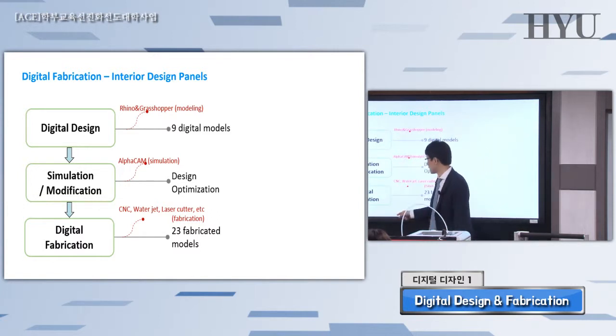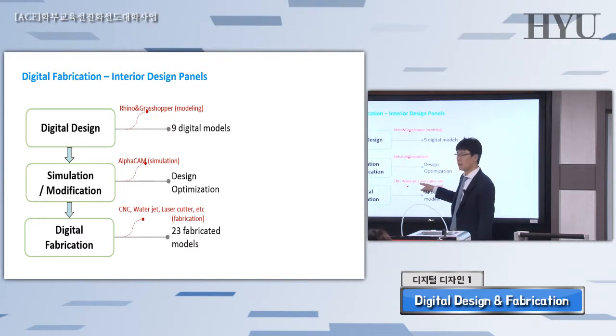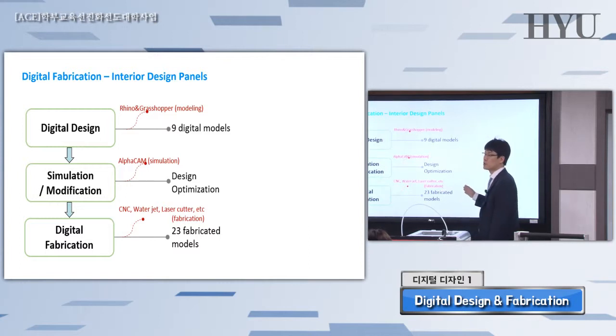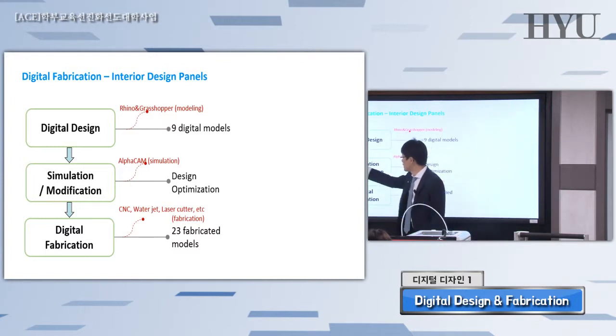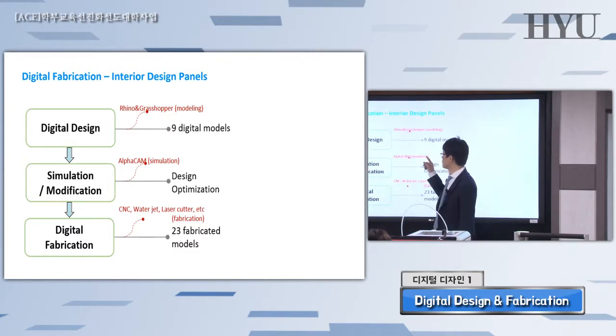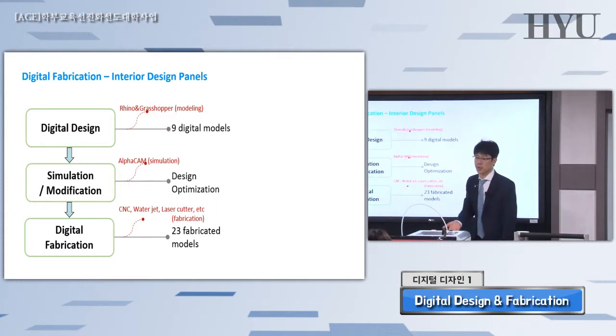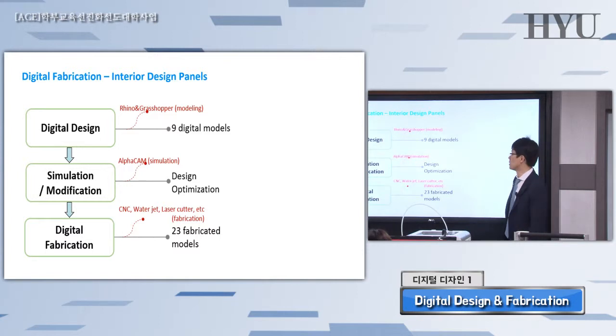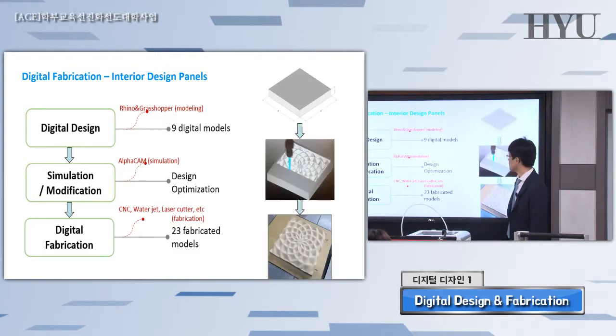And in this stage, as you may know, CNC machine, water jet, laser cutting, 3D printers, and a bunch more devices for fabrication. But in this stage, we need some more applications, such as AlphaCam for simulation or some 3D printing specific application. We're going to deal with some example applications today.